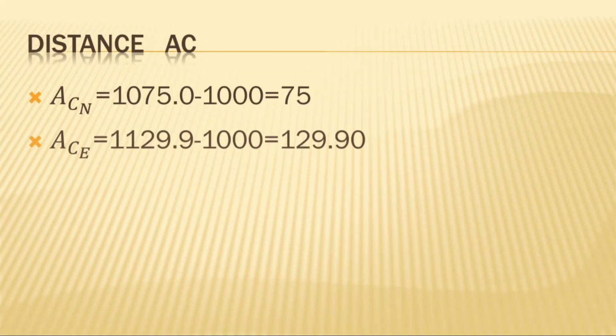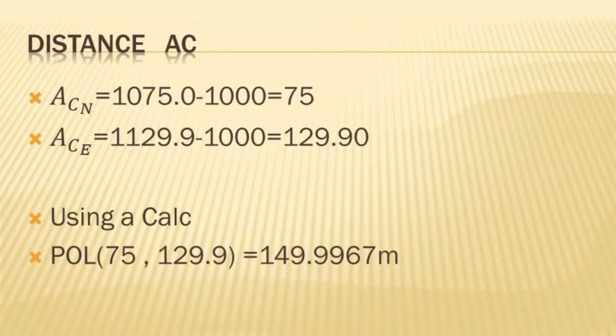We go ahead. So for the distance AC, by the use of survey equations, I go ahead and find the difference in the, let's start with the northing. So the difference in the northing between, there we have line A, C, the northing of A, see that difference, 75 meters.